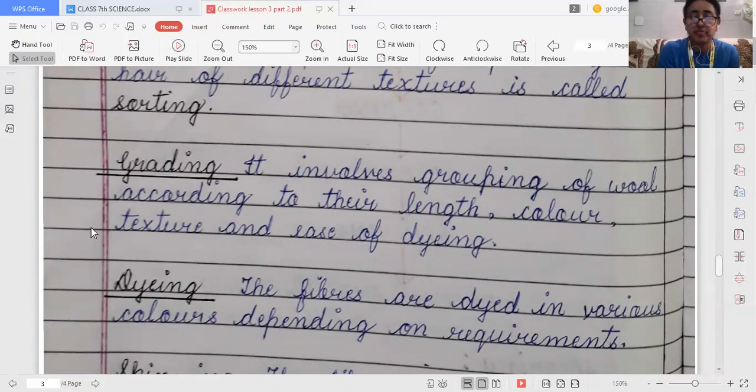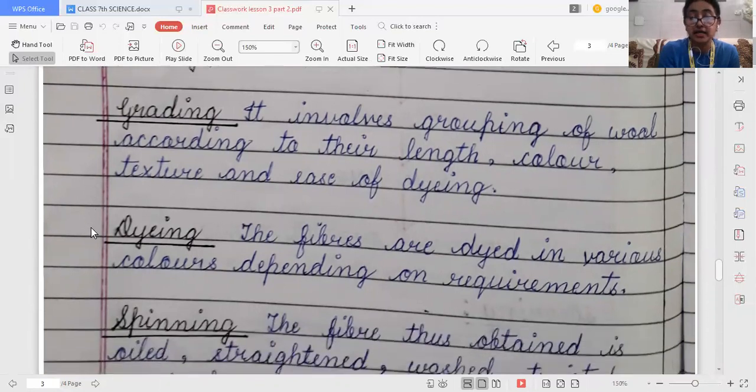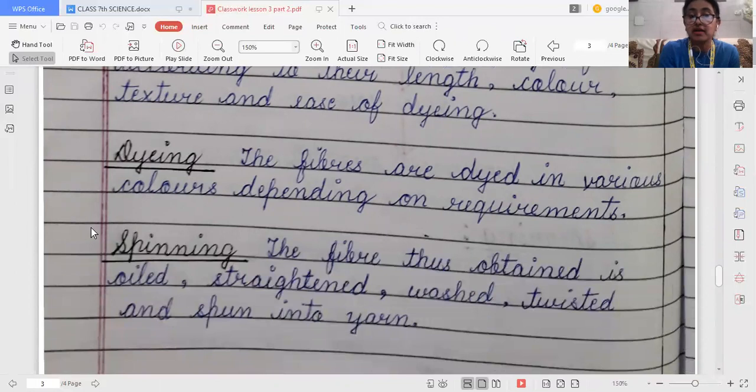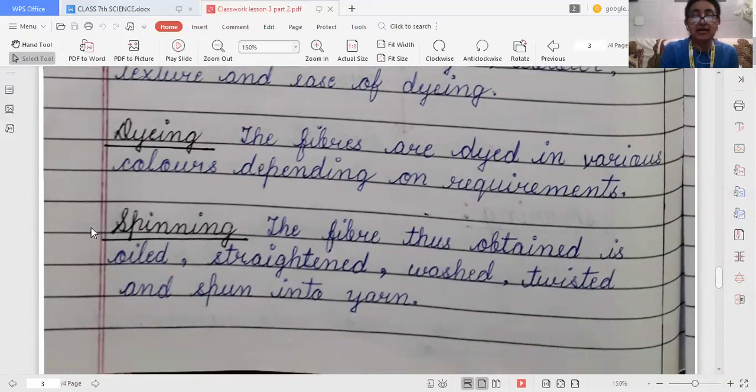After grading is dyeing. What is dyeing? Means coloring the fiber. Mostly the wool is of yellow color, white color, or a little grayish. So these fibers are colored in various colors depending on requirements. Whatever color is required, they can be dyed in that color.